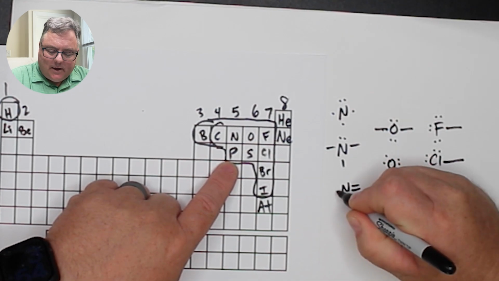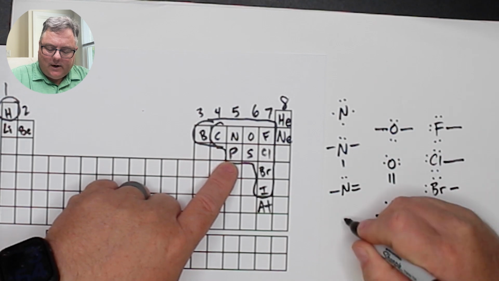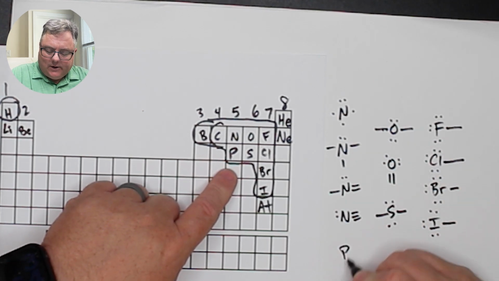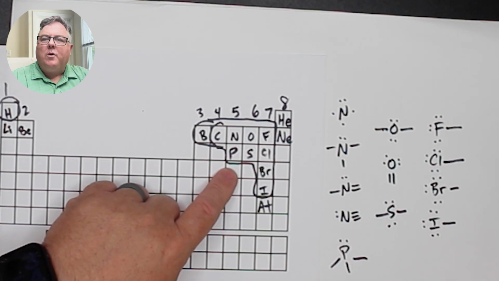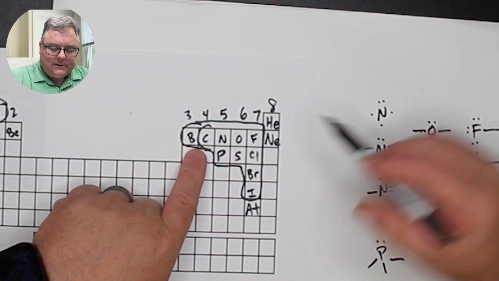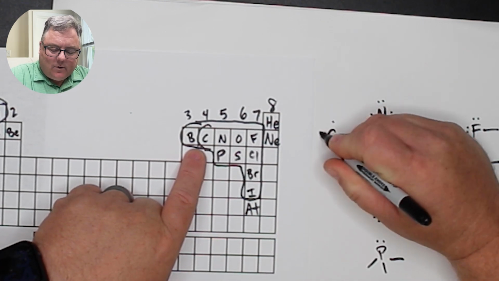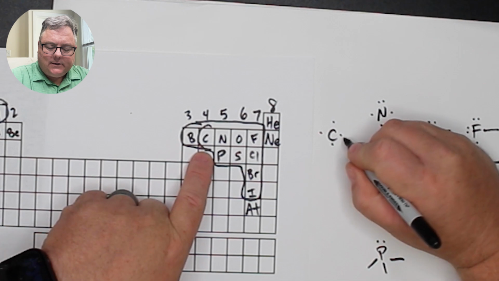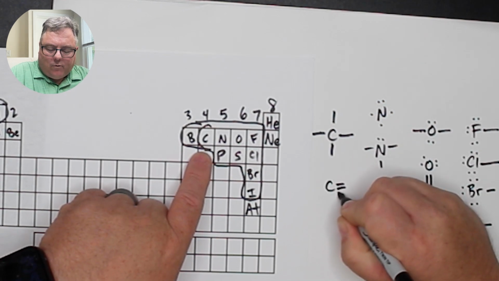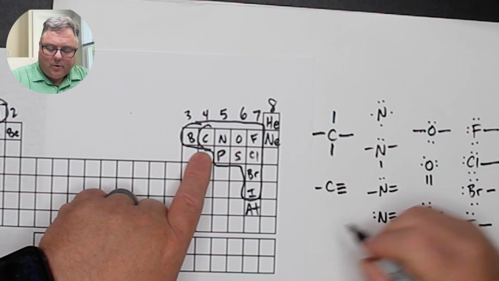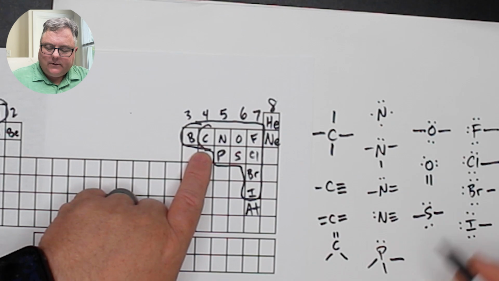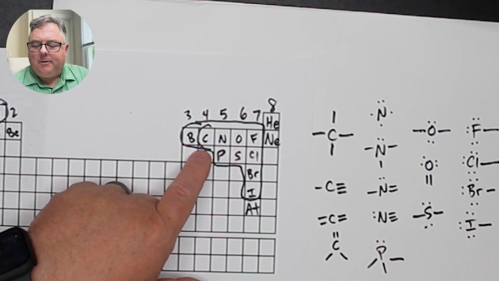So nitrogen might be a double and a single would be 3, or a triple bond would be 3. Those are different ways to have nitrogen or phosphorus. And of course, carbon wants 4 bonds to be like neon. So carbon starts off with 4 valence electrons. It's in column 4. And it likes to make maybe 4 single bonds, or a triple and a single, or a couple of double bonds, or maybe a double and 2 singles. That would be normal bonding for carbon.